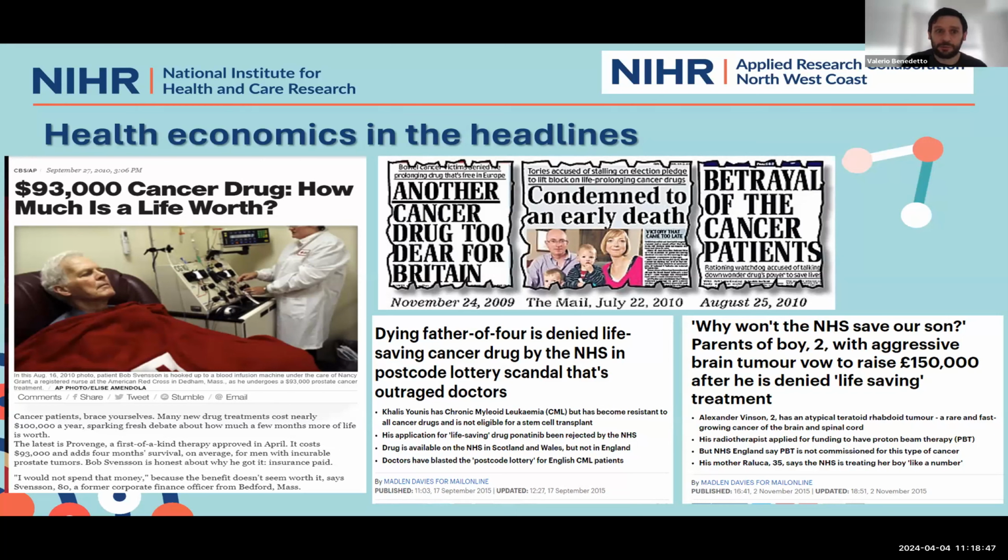It's looking at how healthcare or social care decisions around the use of resources are impacting on equity, on health inequalities in terms of access to healthcare, in terms of potential loss of health gains from making decisions which displace healthcare or social care resources.